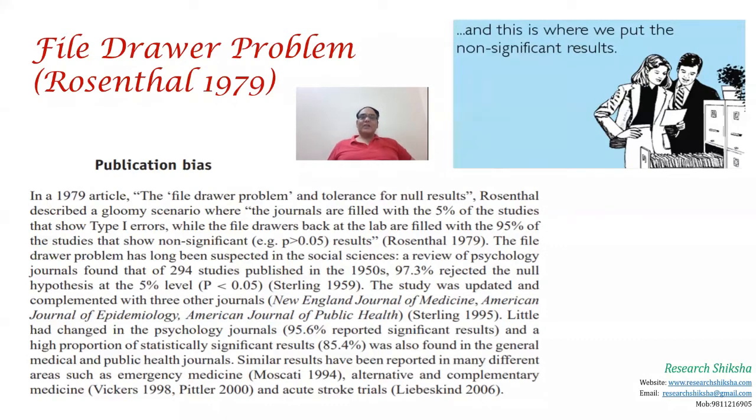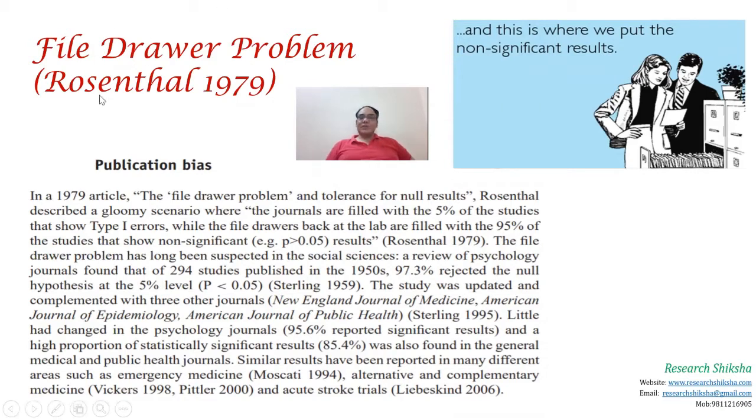And when I find that these ideas are not significant, then I drop it. So I have many half-written papers. Half-written papers mean I found the results insignificant, so I stopped writing, and it is a common problem. So because of this problem, we are not including those studies in our meta-analysis which have non-significant results, right?